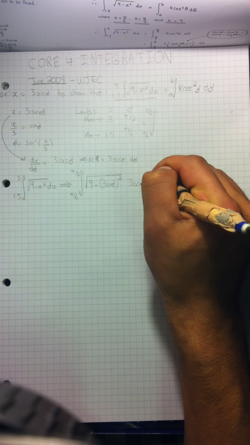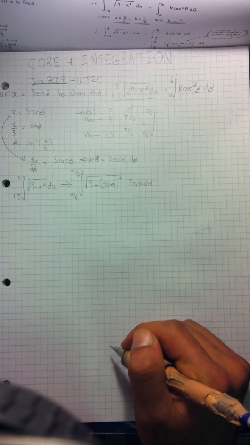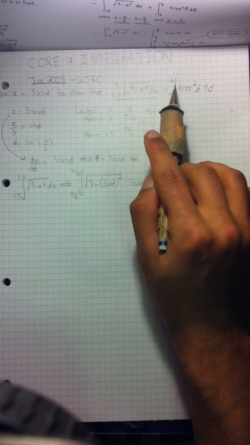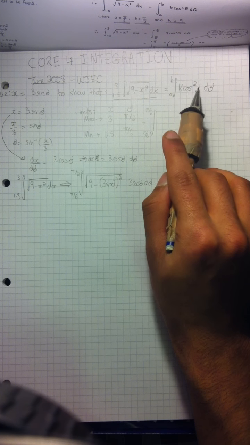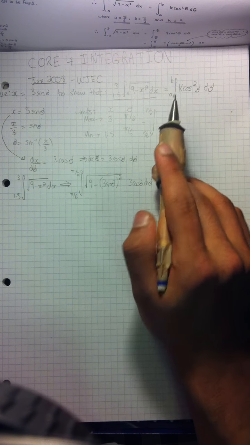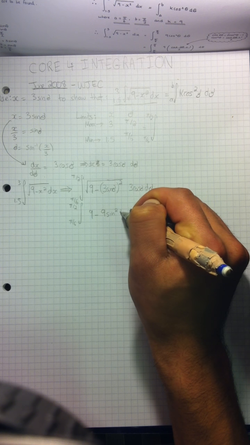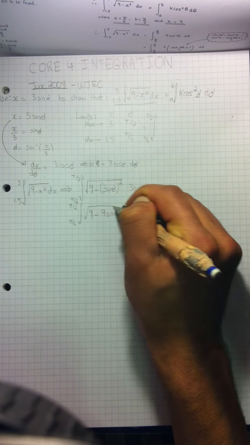Now it's just a case of rearranging this and trying to make it into the form k cos squared theta d theta. So the first thing I'm going to do is square this value. So that becomes 9 sine squared theta, all square rooted, 3 cos theta d theta.